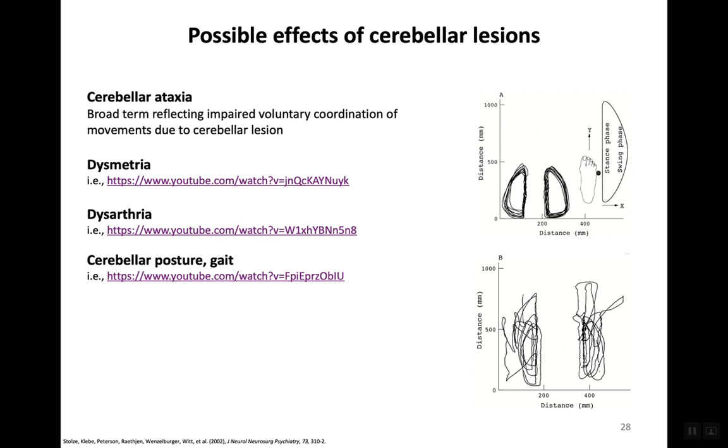Okay, so there's a great deal that we know about the cerebellum, especially from the study of cerebellar lesions, but again, there's a whole lot more that we do not know, and that is precisely why this is such a fascinating part of the brain to study nowadays.